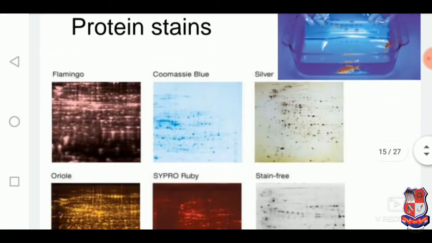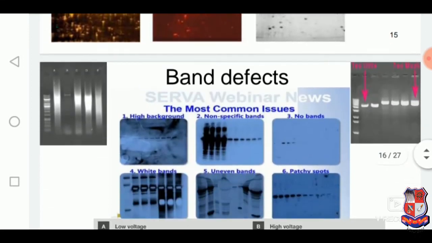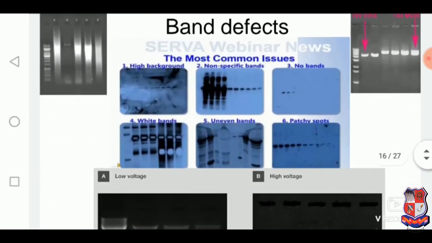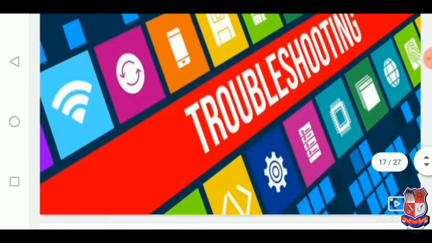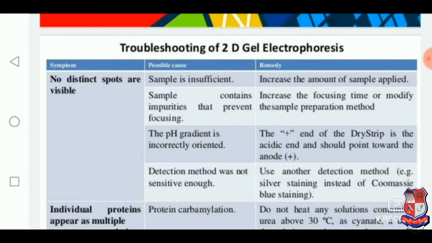There are several stains used, which are illustrated over here, and there are several band defects also observed during the analysis. So to overcome that, we have to troubleshoot the gel. For example, if no distinct spots are observed, then the possible cause will be that the sample is insufficient, or the sample contains impurity that prevents focusing, and there are several other reasons.